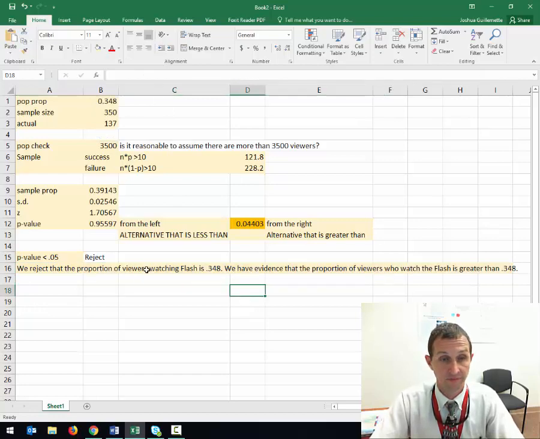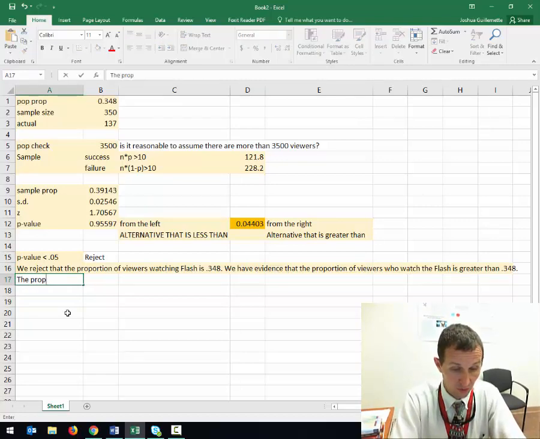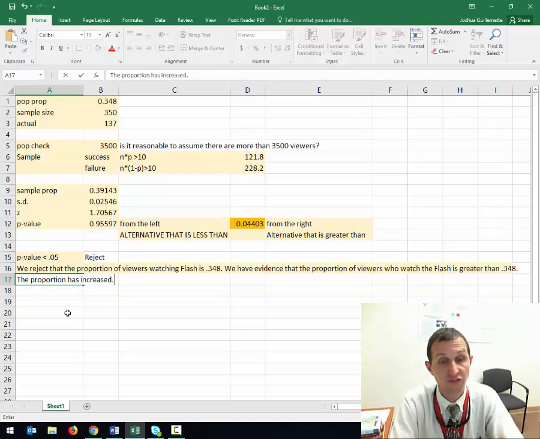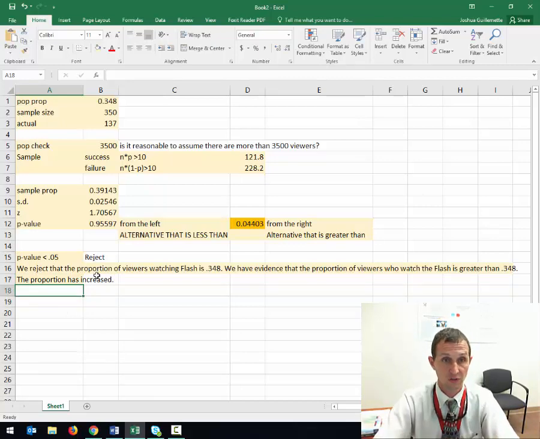It is highly improbable at random that we would get this sample, so we reject that it hasn't changed because we have evidence that it has. In simple terms, the proportion has increased. We're fairly certain the proportion has increased. That's the true conclusion right there.